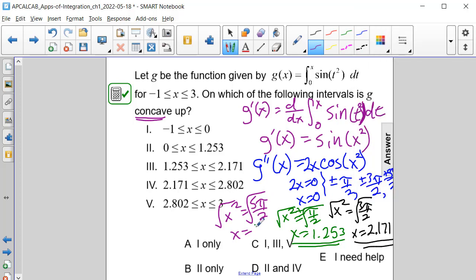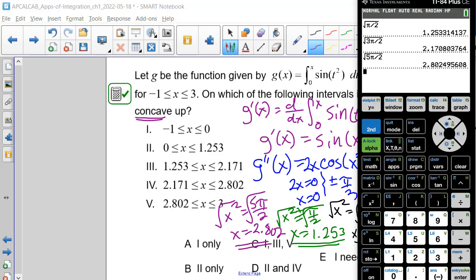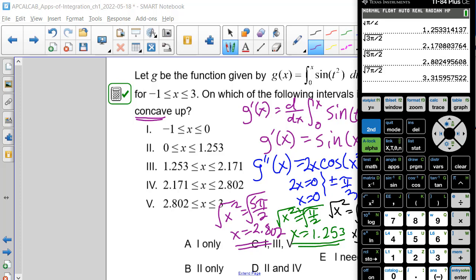So we have 2 and 802 thousandths. And again, the negative is not within our domain, so we can ignore it. All right, and just to make sure, let's try the square root of 7 pi over 2. And if we evaluate that, that's totally outside of our domain, so we don't have to include it.